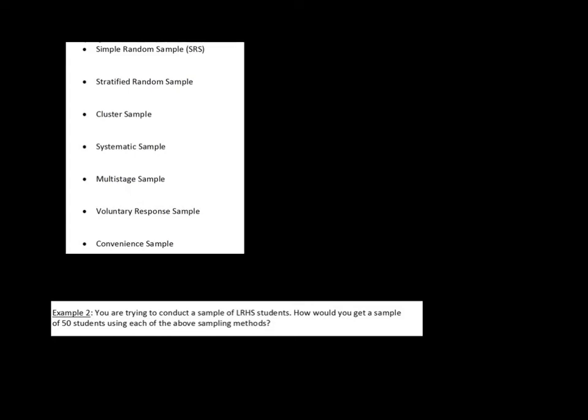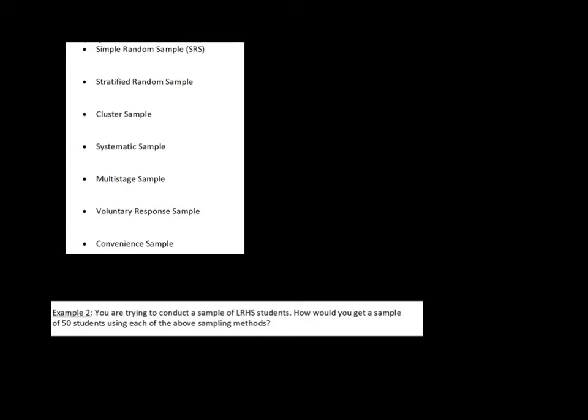You can either take everyone's name and pull it out of a hat, or even easier would be to assign everybody a number. Then you can use a random number generator or random number table, which we'll do in just a minute, and you can use that to choose a few people at random.